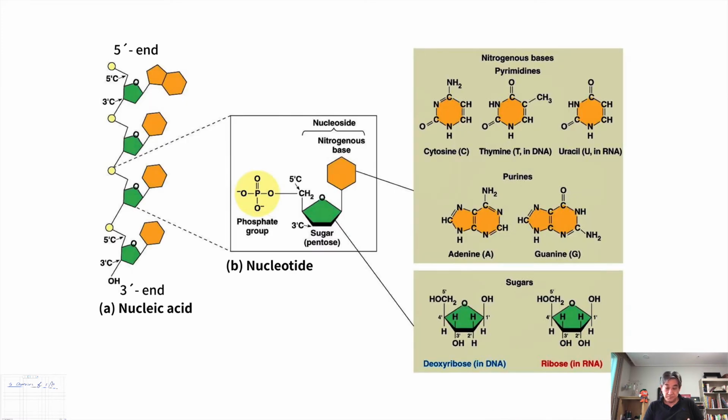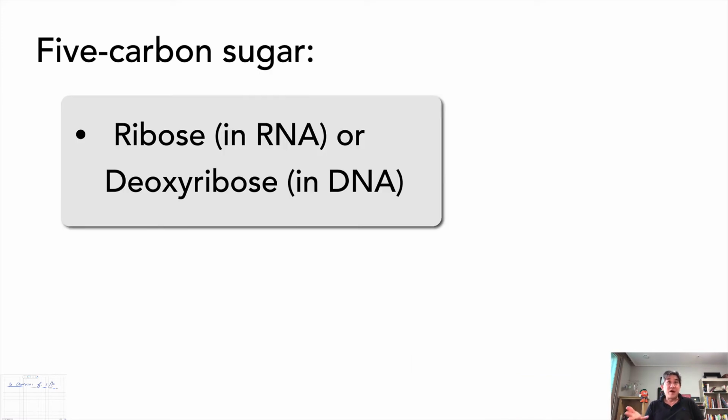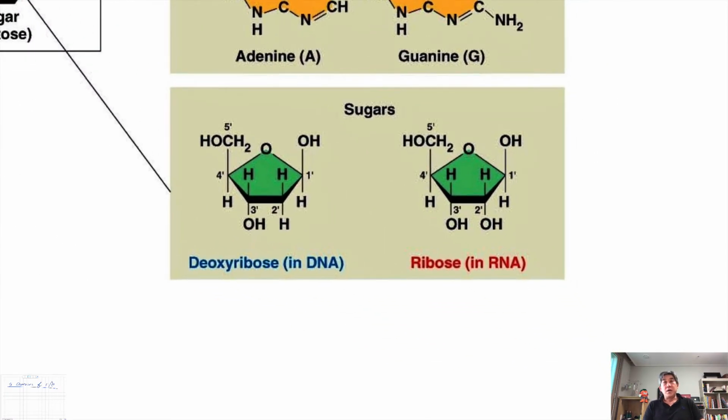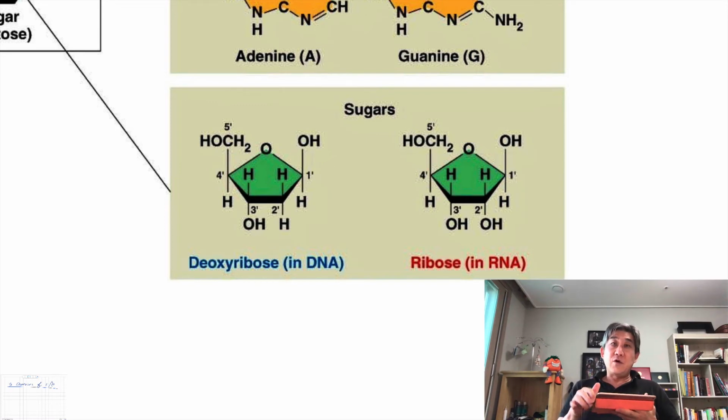One is a 5-carbon sugar. In 5-carbon sugars, there are 2 different kinds here. As I said, in the case of a covalent bond, any solid line between the elements is a covalent bond.